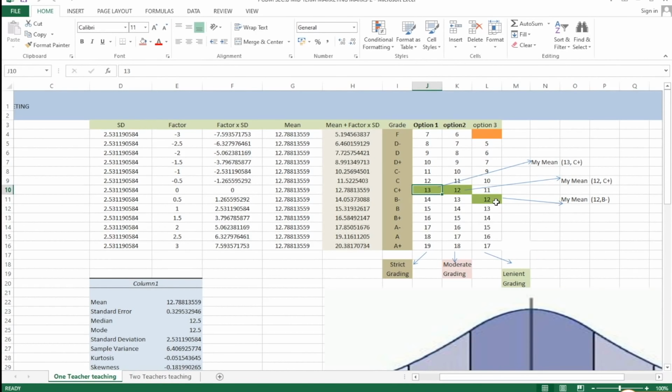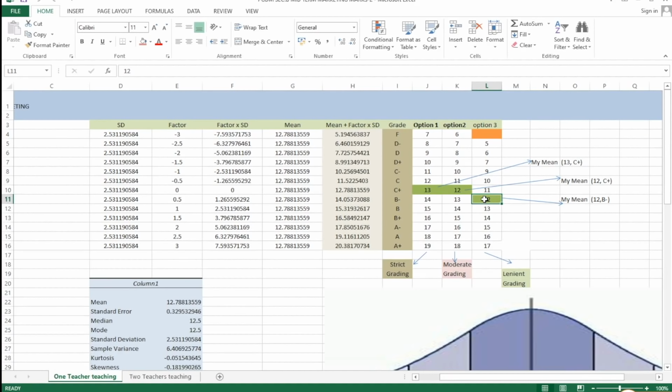And a lenient teacher can say that I gave B minus at 12. So that means he is now trying to give a higher grade at an average which he decides. If you decide a higher grade at the average which you have decided, you are then showing leniency in your class.